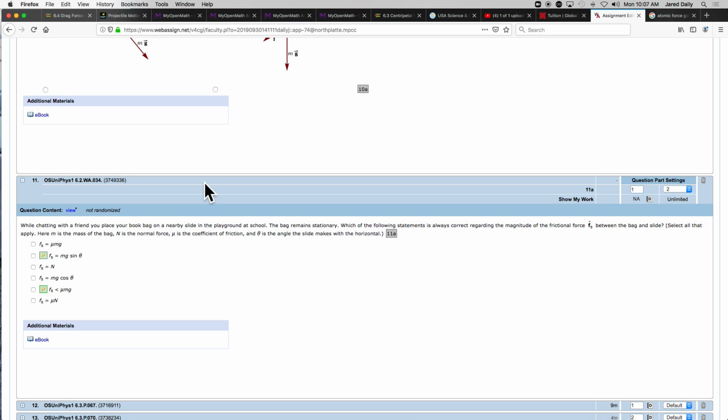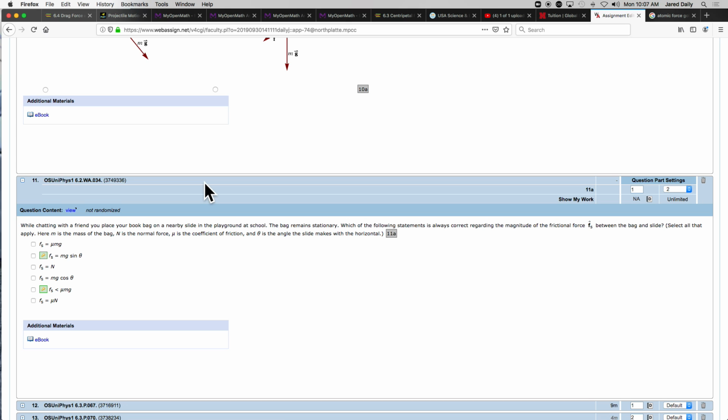Sorry, this one is actually not sine. This one's going to be cosine, because this one's next to it. The normal force is equal to this one. The frictional force is equal to this one. The normal force is equal to mg cosine. Not the same as that.